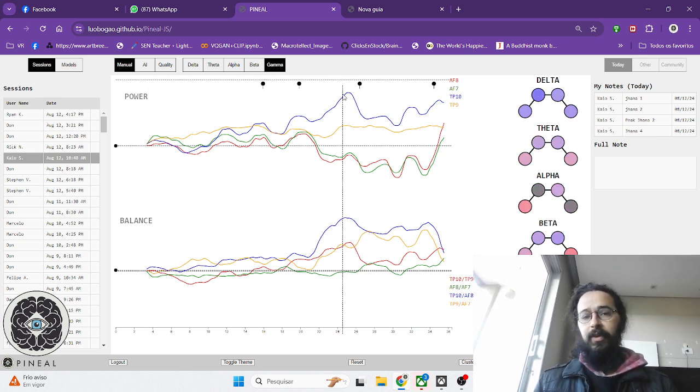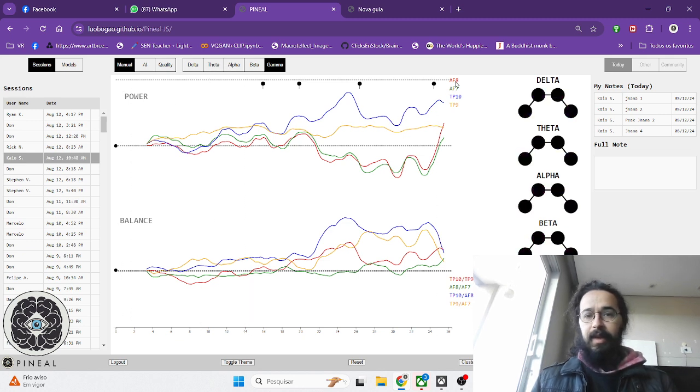So for example, in the TP10, this rising of TP10 is in relation to my point zero of my session. So we have a baseline at the beginning, and all the risings and fallings of the brain waves are in relation to the point zero, the baseline.